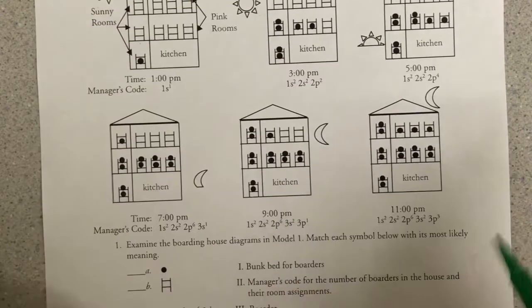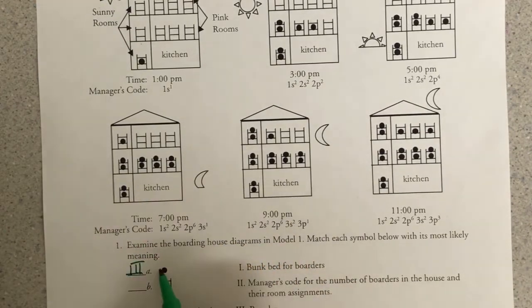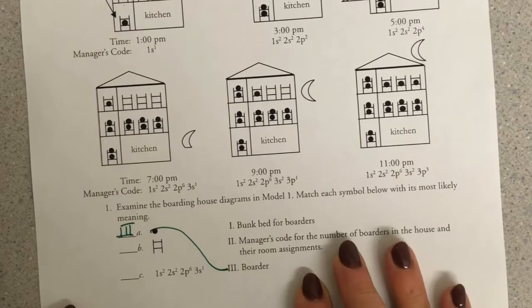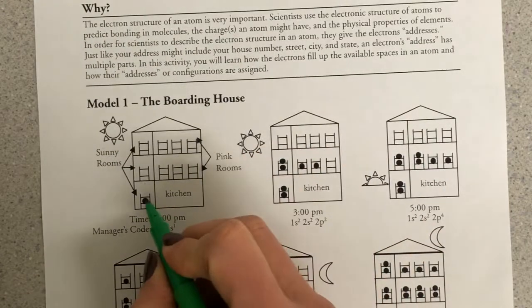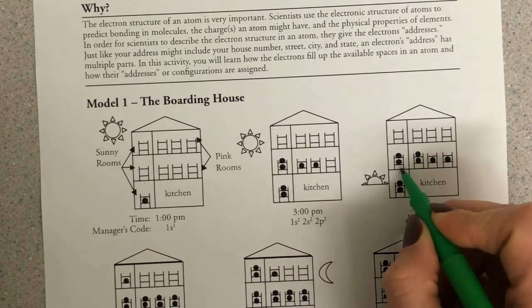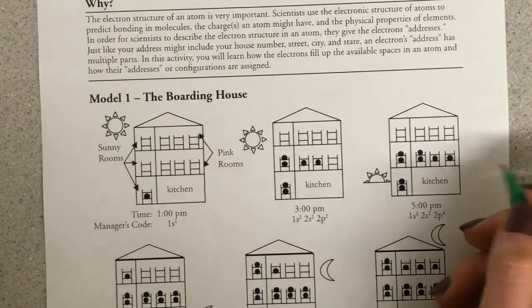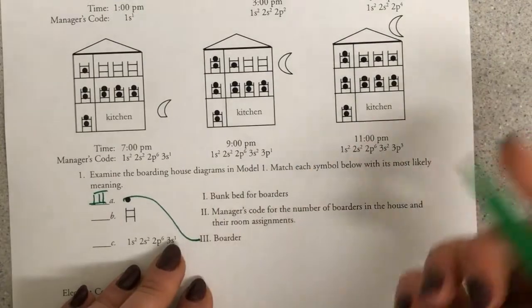So this place has one person. This one has 1, 2, 3, 4, 5, 6 people. This one has 1, 2, 3, 4, 5, 6, 7, 8. Did I count that right? Yeah, 8 people, or 8 boarders, just the person who's boarding at that place, staying there.